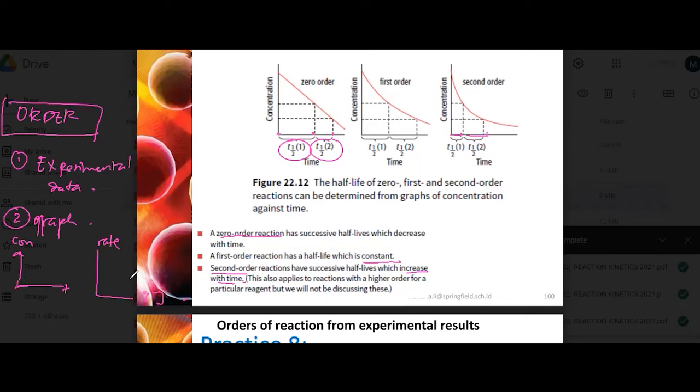If the rate with concentration is like this, it is zero order. How about the first and the second? You should already know. And the third, we can find the order using the successive half-life. If the half-life decreases, it is zero order. If constant, it is first order. If it increases, it is second order.